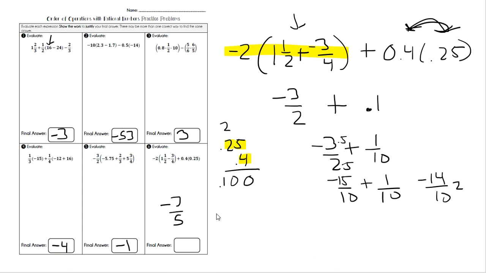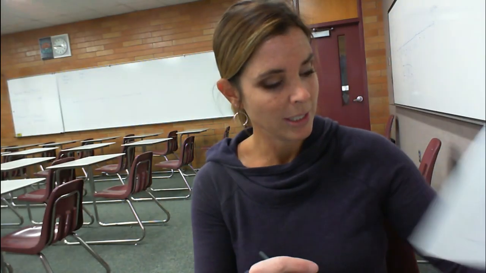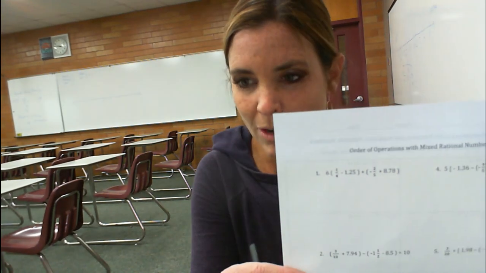Those problems were kind of tricky, okay? But now you are ready to try some problems on your own. On the back side of the worksheet that I just did with you, okay, so this was the front side. On the back side of that, it says order of operations with mixed rational numbers, okay?